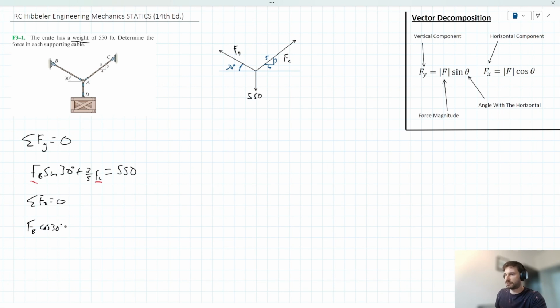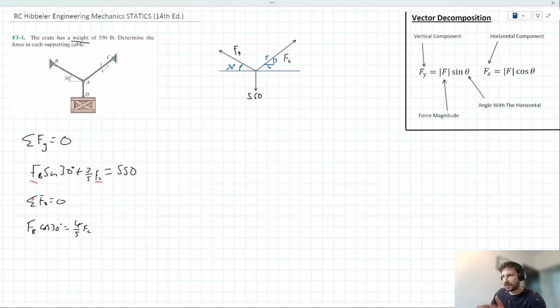And acting to the right, we've got the horizontal component of FC, which we can describe as 4/5 of FC. We note now we have two independent relations, two equations, and two unknowns, FB and FC. This is a solvable problem.